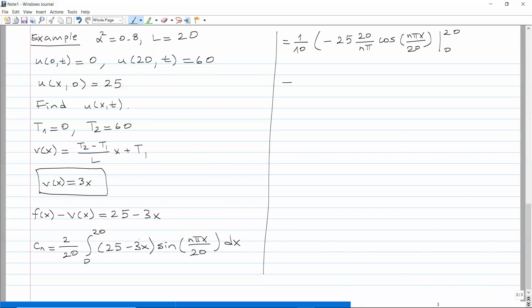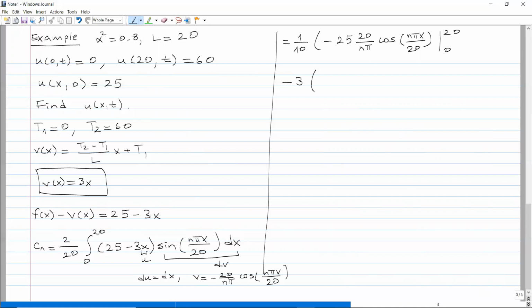Minus, I have the constant 3. Remember, for this integral, we call x as u and the remaining as dv. Then du is dx, and v is minus 20 over n pi cosine of n pi x over 20.